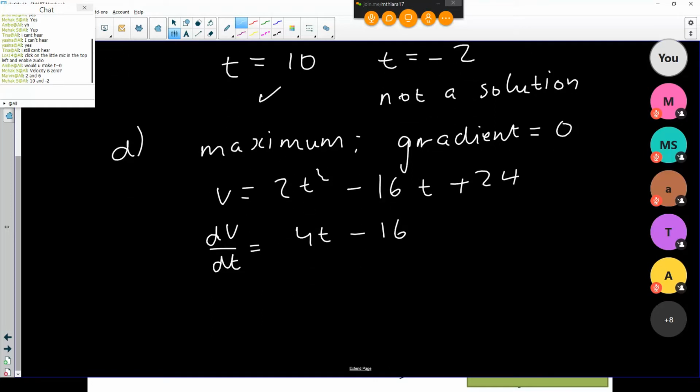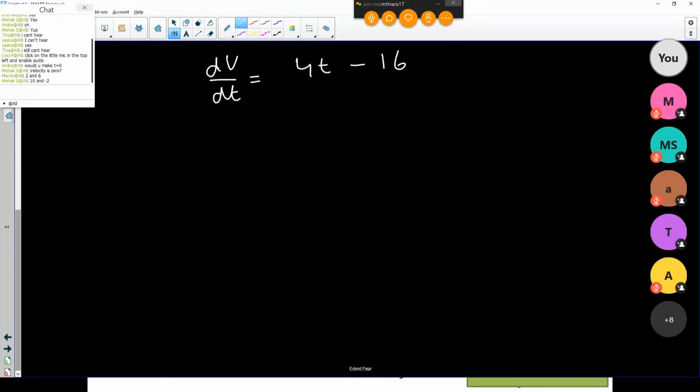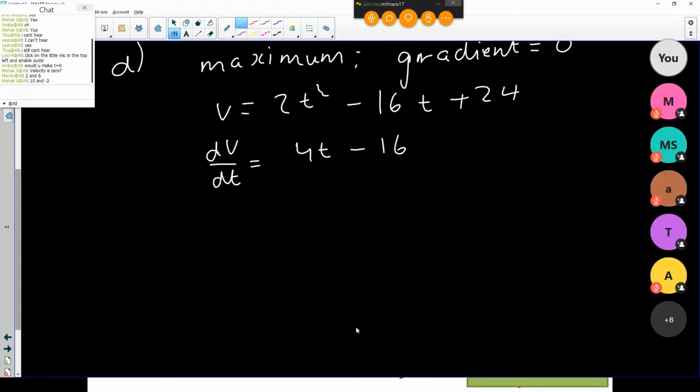And once I've got this, I can say, well, at the maximum, the gradient is equal to 0. So therefore, 4t minus 16 is going to equal 0. So 4t is equal to 16 and t is going to equal 4.